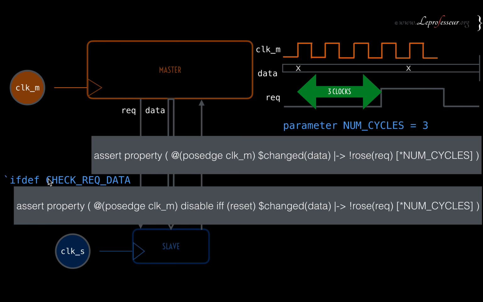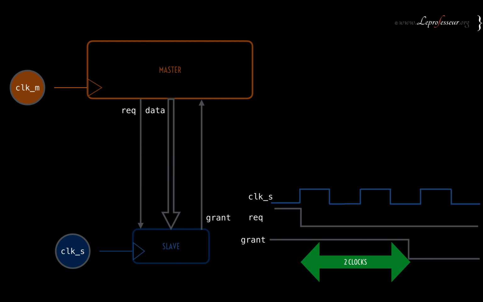If I define check request data while I am compiling the design, only this kind of property will get compiled, or take effect at runtime. Okay, the ifdefs are very handy and very useful for putting guard bands against the different properties. Very helpful in debugging. All right, now let's take a look at the slave side.